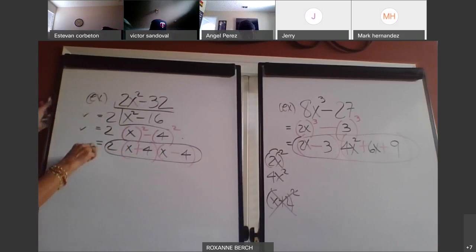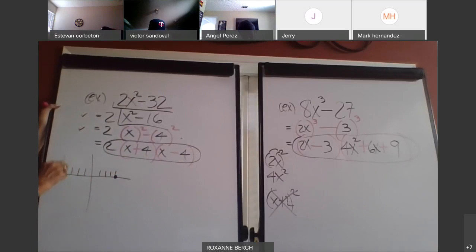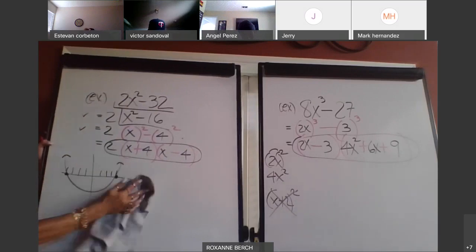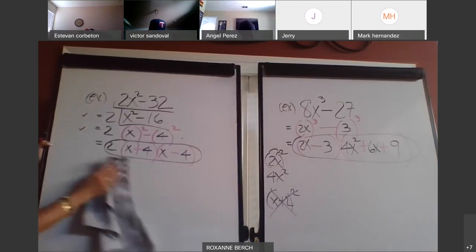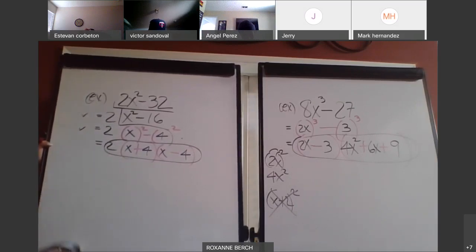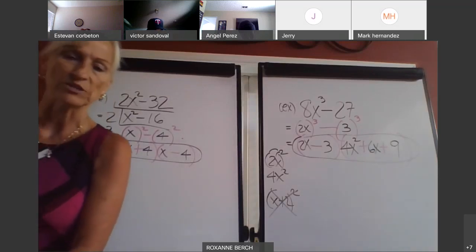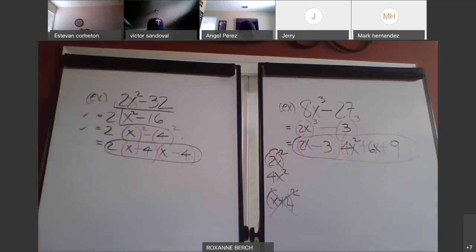That means this graph is crossing the x-axis at 4 and -4. So that's how the factoring is going to help us out at first. We're going to solve the quadratic by factoring. But not all quadratics are solvable by factoring. The problems have to be perfect in order to be factored.